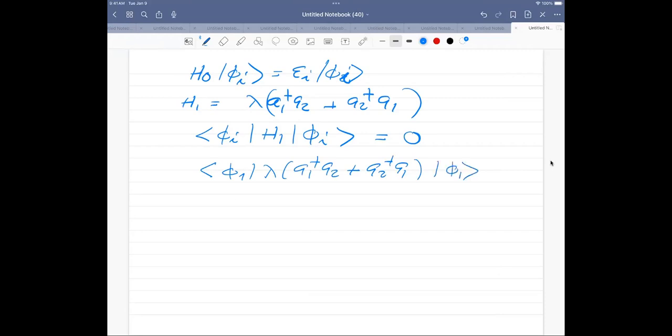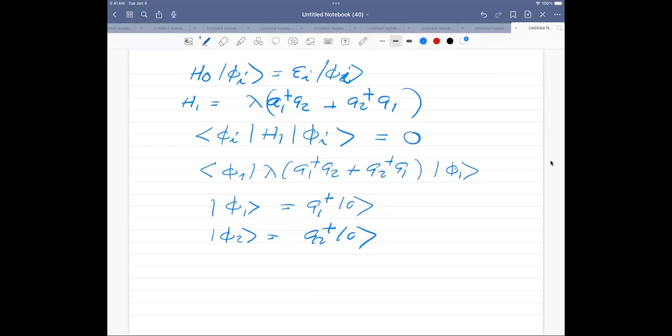And phi 1, in this case here, is just an a1 dagger acting on a true vacuum. And phi 2 is equal to a2 dagger acting on a true vacuum. Okay? And then if we just take any of these terms, it's pretty easy to see that they have to be 0. So when I take the diagonal matrix elements, I mean the expectation value from phi 1 to phi 1, that is going to be 0, and the same with phi 2 to phi 2.